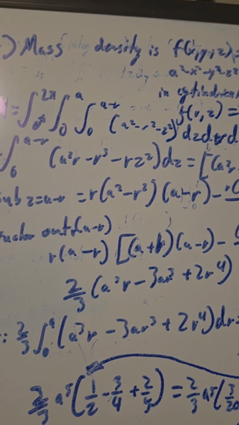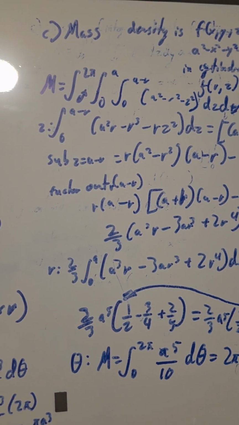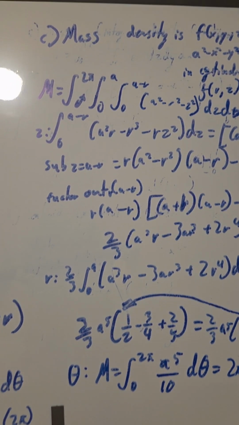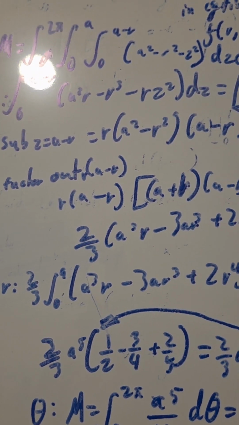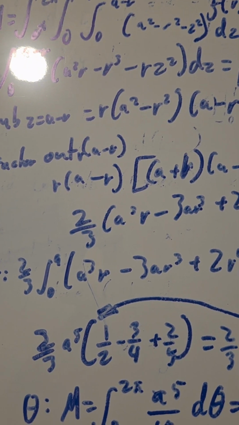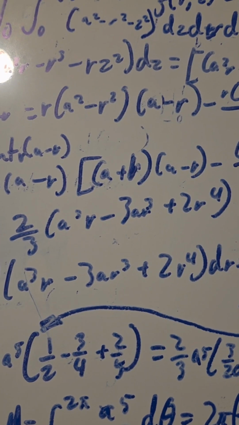And then we integrate with respect to r. That just involves taking our previous equation, plugging it into this integral, 2/3, integrated from 0 to a with our ar cubed.